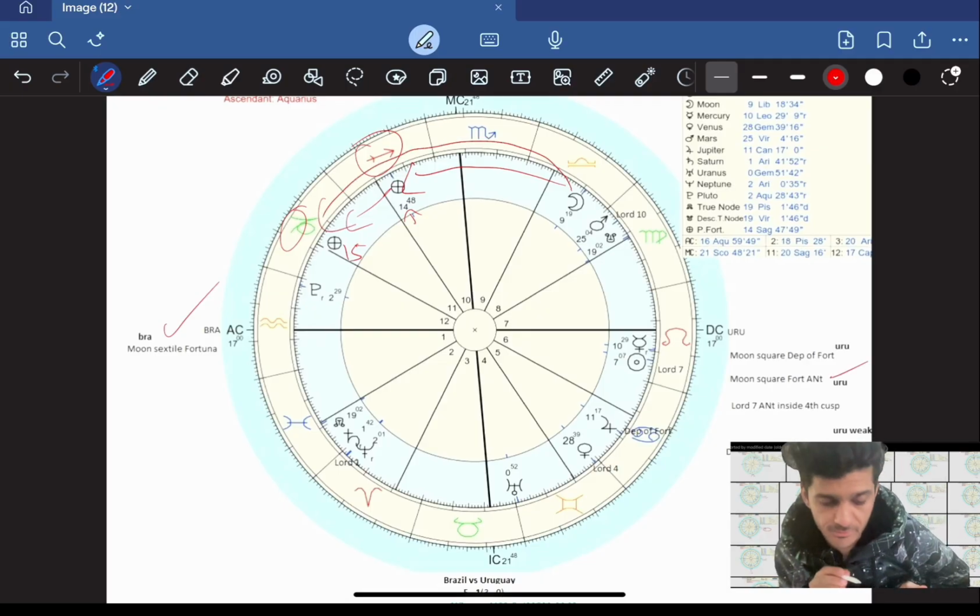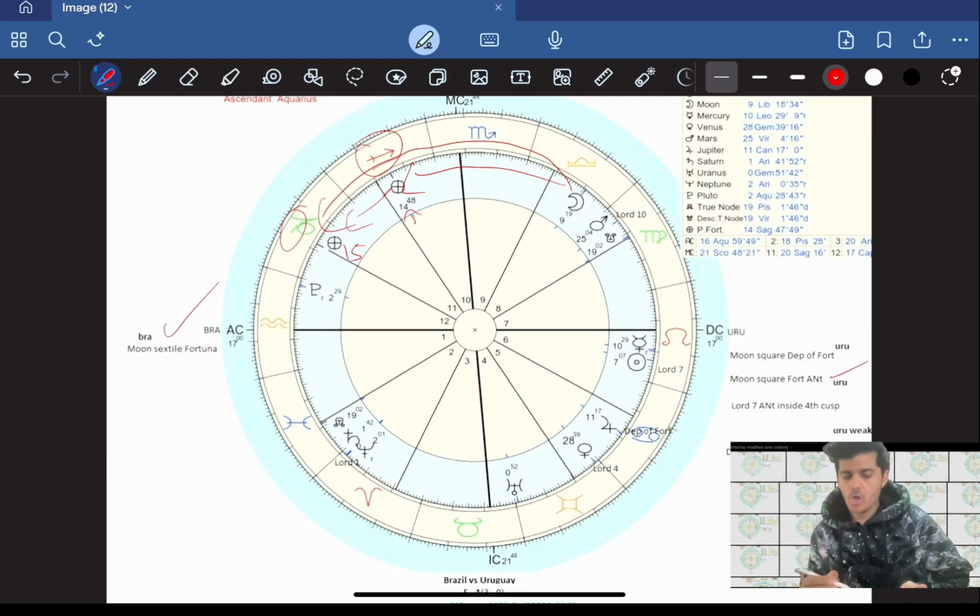Then, since Part of Fortune is in Sagittarius, its dispositor is Jupiter in Cancer, and being in Cancer at 11 degrees it receives a square from the Moon as well. So there are 2 squares, and this was important. I'll explain later. And the dispositor is opposing the Part of Fortune's shadow as well. There, so 3 to the underdogs.